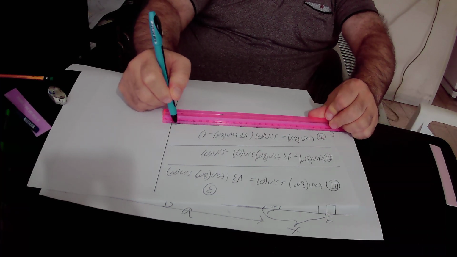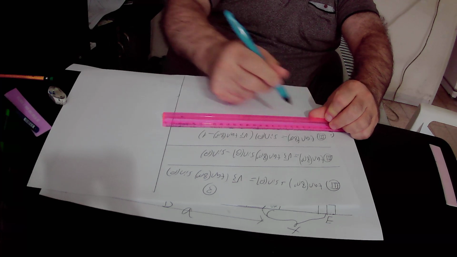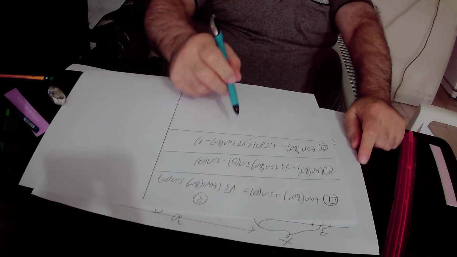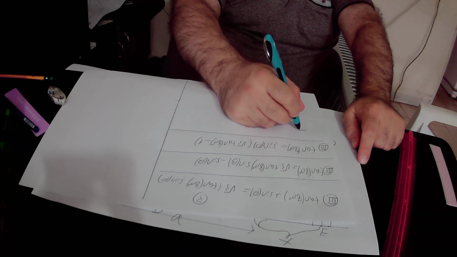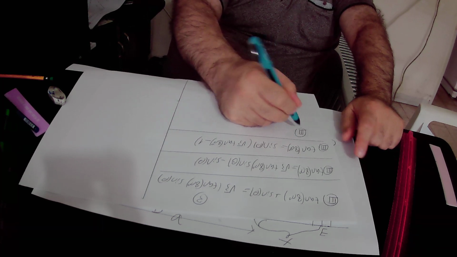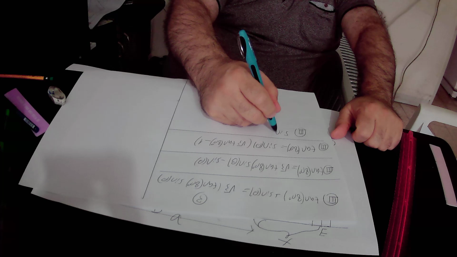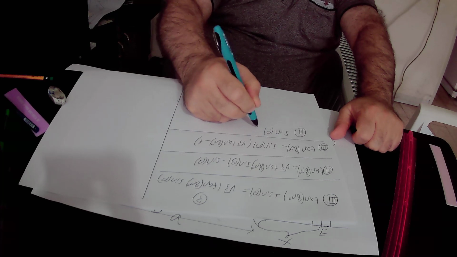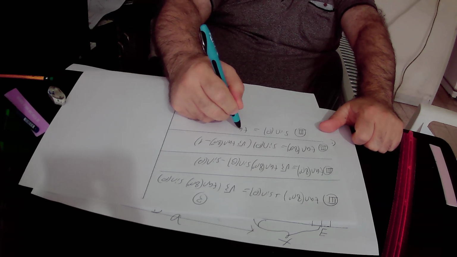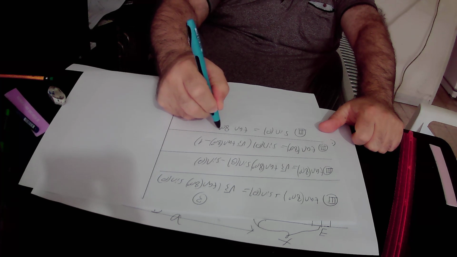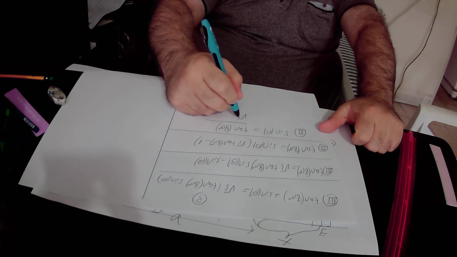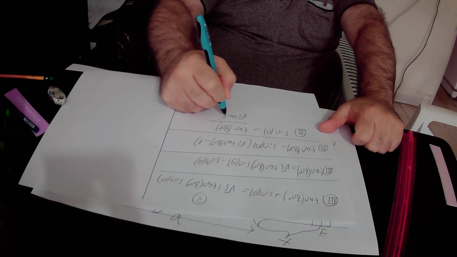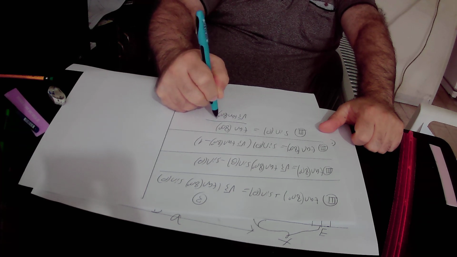So here we will divide this equation number 3 by square root of 3 times tangent 80 degrees minus 1, and we will get that sinus theta equals tangent 80 degrees over square root of 3 times tangent 80 degrees minus 1.